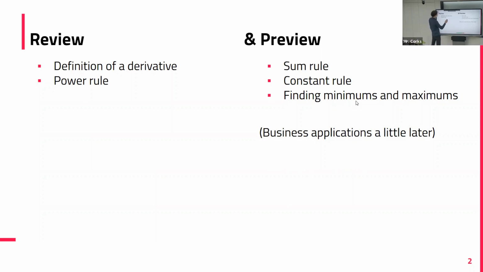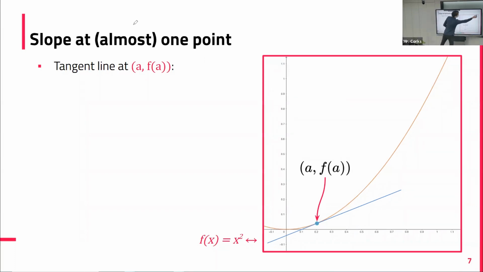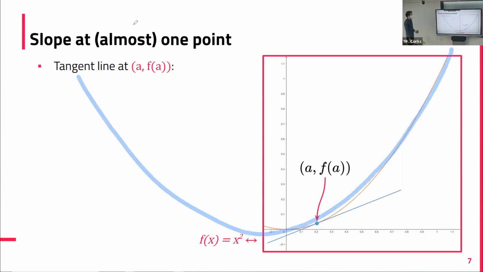All right, so let's just do some quick review with what we talked about last time. If you remember, we are talking about tangent lines. So we have some kind of curved function, like this one here, our y equals x squared, and we have some points there.